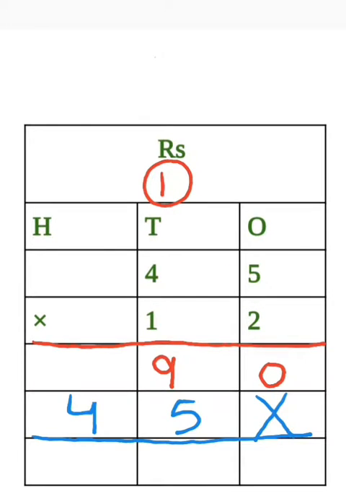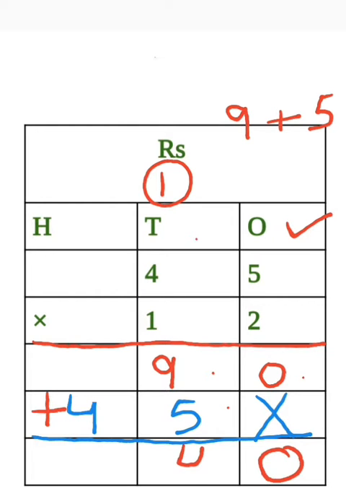Now children, we will add the products to find out the final answer. Children, we already know that we always start from the ones column. So in the ones column there is 0. So we will bring down this 0 here. Now in the tens column there is 9 and 5. So 9 plus 5 is 14. So 4 we will write in the tens column and 1 will go as a carryover at the hundreds column.